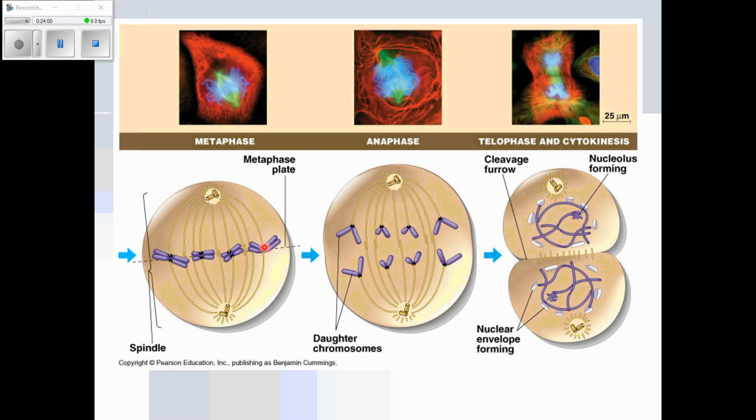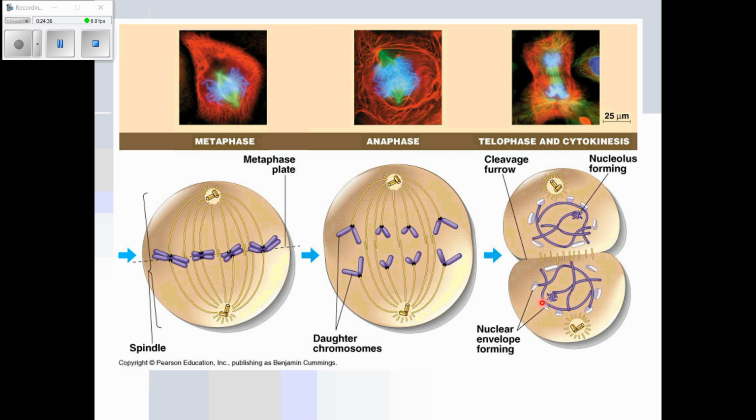As long as the two chromatids are still together, it's a chromosome. But as soon as they separate and those chromatids start moving apart, each chromatid becomes a daughter chromosome. So the number of chromosomes actually doubles in anaphase, and these 4 chromosomes will end up in this nucleus. The other 4 chromosomes will end up in a separate nucleus at the other end of the cell.